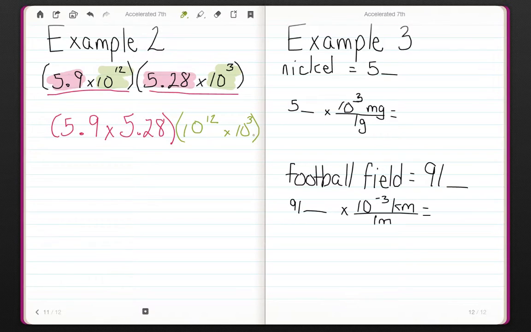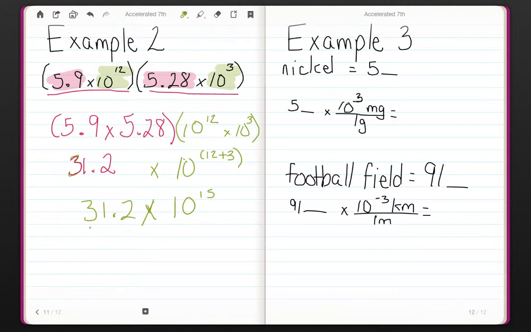So 5.9 times 5.28 is 31.2. 10 to the 12th plus 3 is 10 to the 15th. So I have 31.2 times 10 to the 15th.